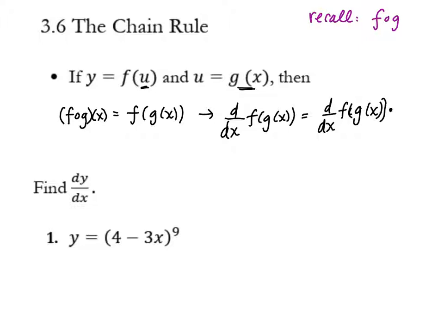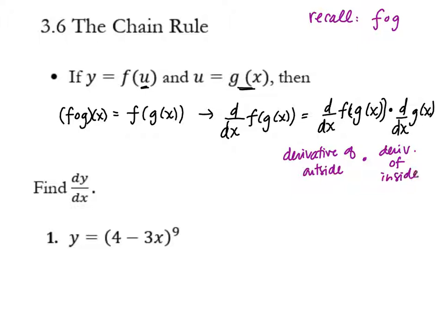And then multiply that by the derivative with respect to x of g of x. So it's the derivative of the outside times the derivative of the inside.